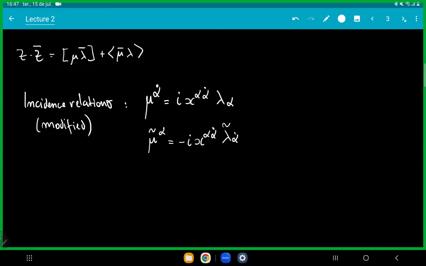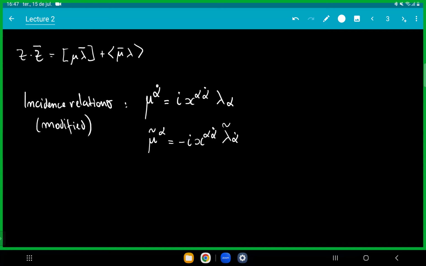I see there's a question in the chat: in the natural inner product, do we add the two or do we multiply? You are multiplying the components that are in the same representation. You're multiplying the alphas with alphas, the indices alpha on top and alpha down, and summing them with alpha dot on top and alpha dot on down. That's how you do the actual computation of this.